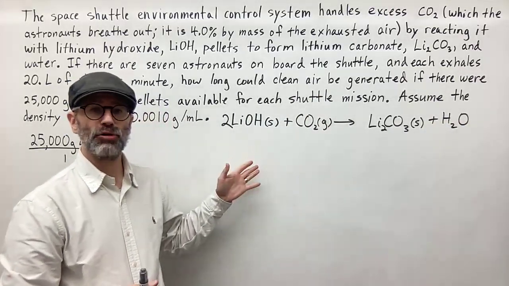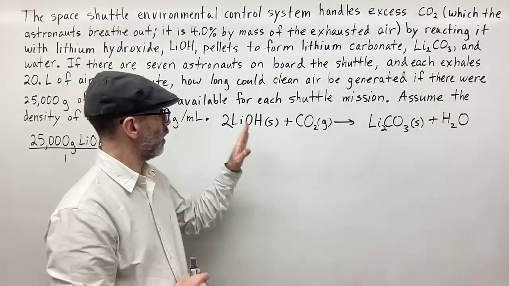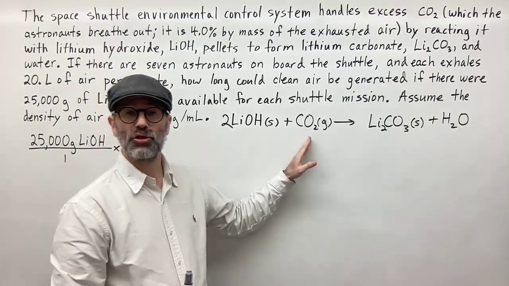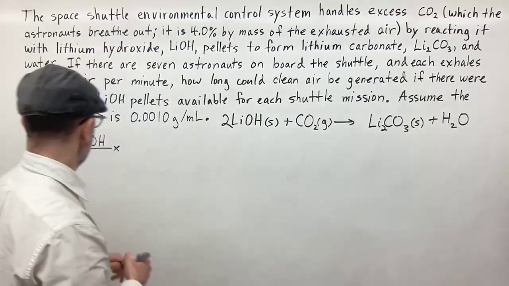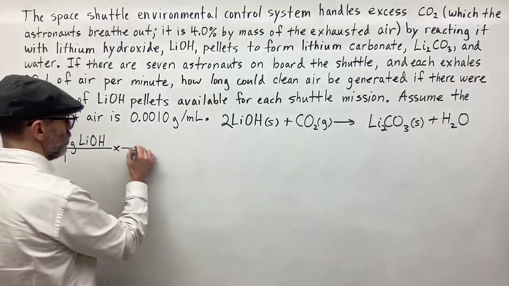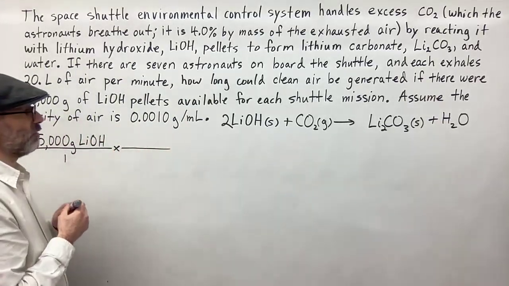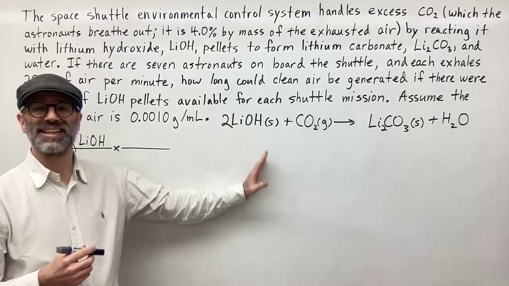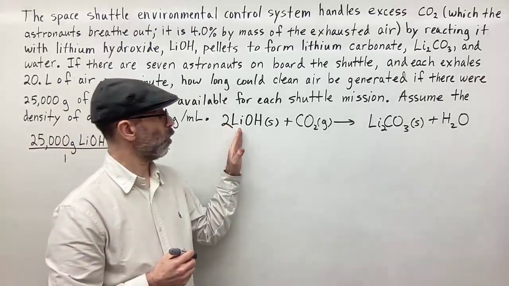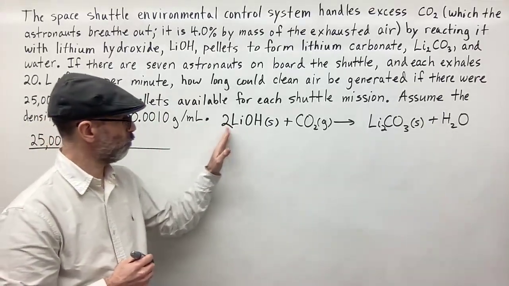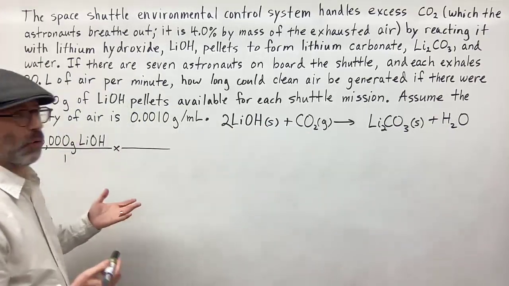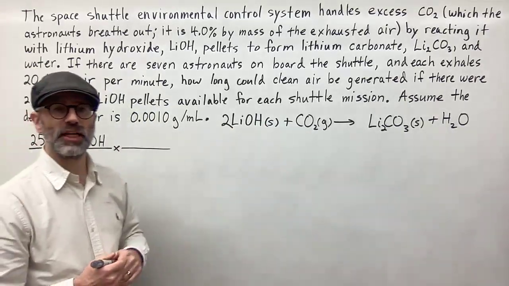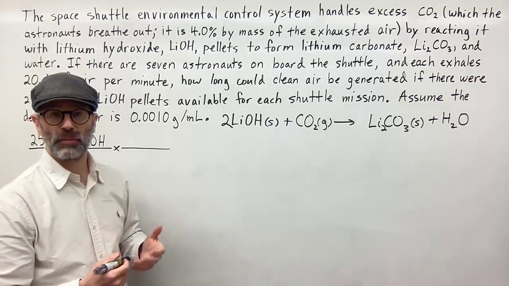So now I can use this to help me convert from lithium hydroxide to carbon dioxide. The first thing I'm going to do is convert to moles, because if I'm going to convert from one thing to a different thing, I need the mole ratio. I'm going to use the mole ratio of 1 to 2 here, but I need moles. So the first step is to convert to moles using the molar mass.